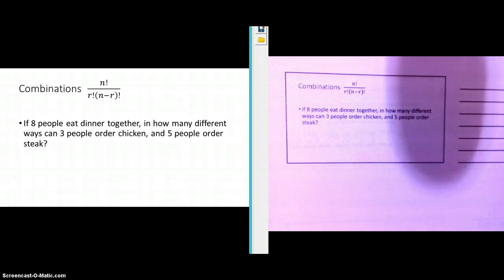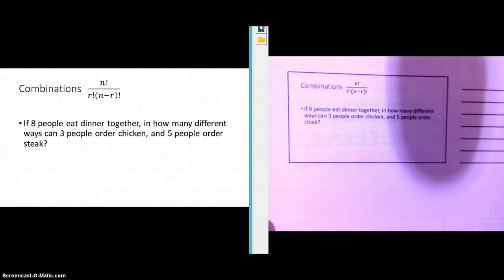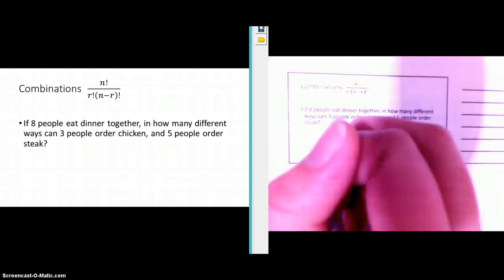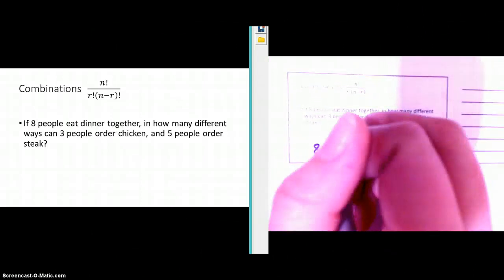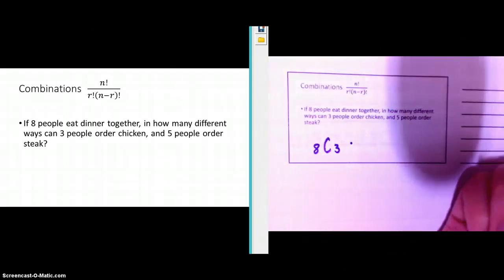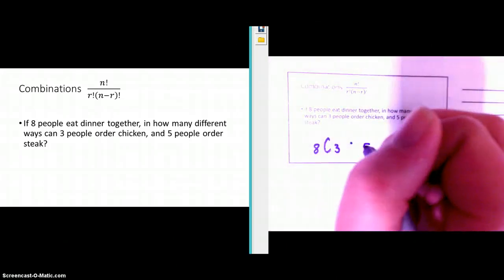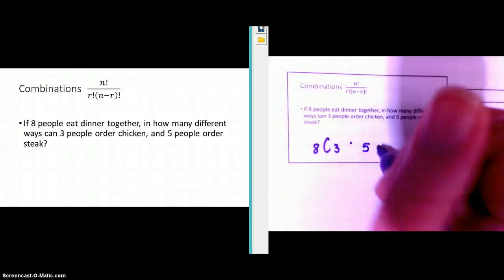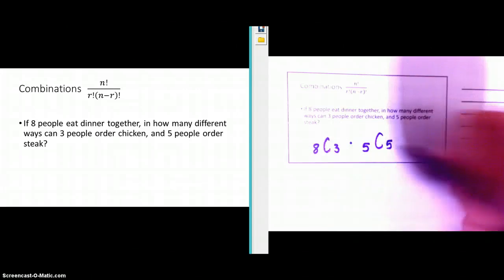And the way you do it is take it one classification at a time. So if we're doing chicken first, we have 8 people to choose from, and 3 of them are getting chicken. Well, once 3 have been chosen for chicken, there's only 5 people left. And 5 people are ordering steak, so we're just rearranging those 5 people to order steak.